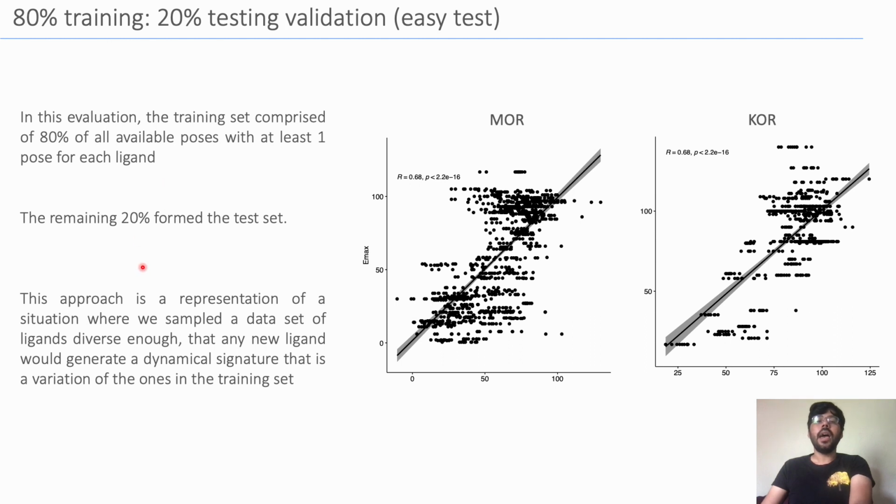And then we plot to see if we get a good correlation. For both cases, we got a Pearson's correlation of 0.68. This approach represents a situation where we have a data set that is diverse enough that each new ligand that I present to the system has a dynamical signature that is a small variation of the ones that we used to train the model.